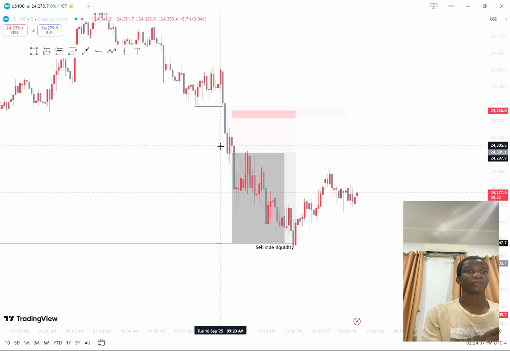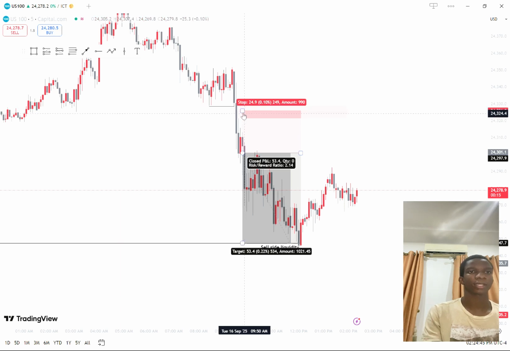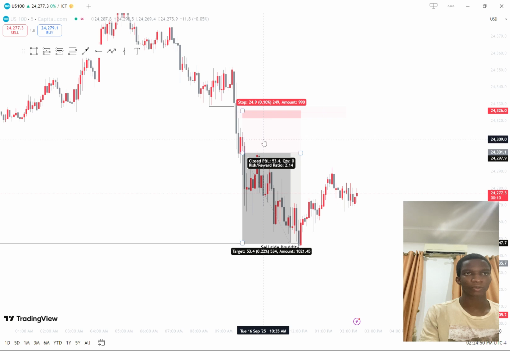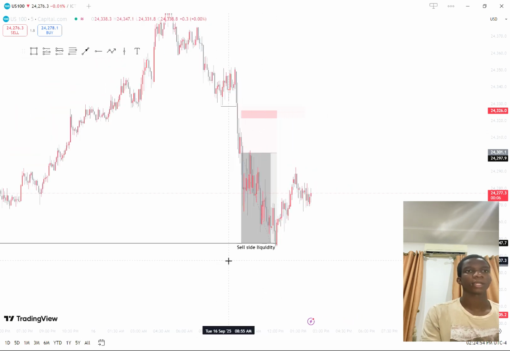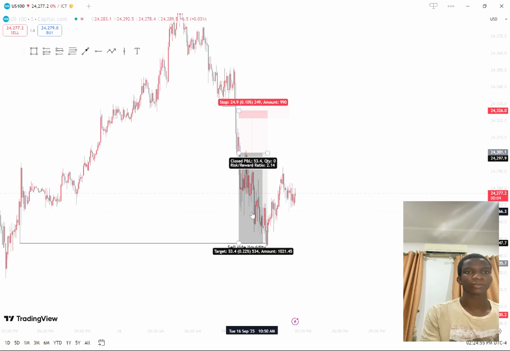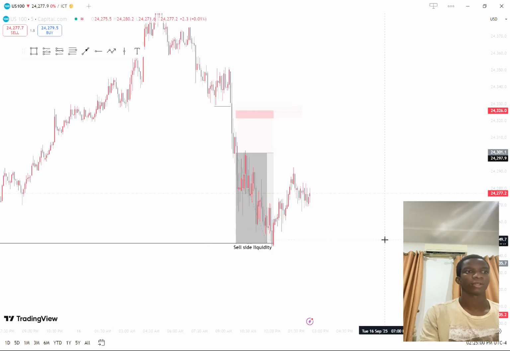So if after forming this 5-minute fair value gap, there's still a 1-minute fair value gap formed after it, oh bro, we're golden. We tap into that 1-minute fair value gap, we keep my stop loss at the consequent encroachment of the 5 minutes, so basically the midpoint of the fair value gap, and then we ride down to any liquidity we can see that will give me a minimum of 1:2. So I was targeting these lows from yesterday, and that'll give me 1:2.